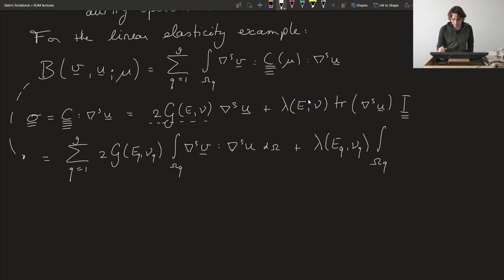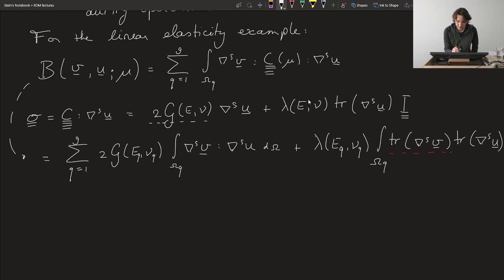times, and I'll write this down first and then I'll talk about it, the trace of the symmetric gradient of the test function times the trace of the symmetric gradient of our solution. Okay? And the way that this works is a slight index trick.